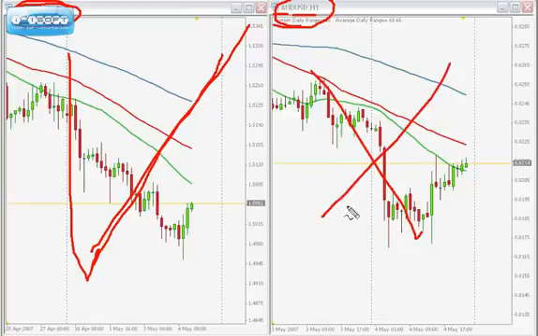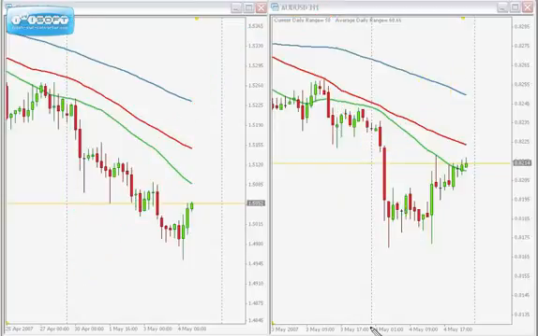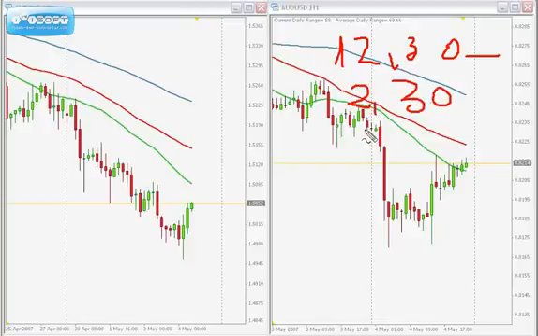It's because it's related to the American dollar, and there are two economic releases coming out from America at that time. So it was 2:30, which means that from 12:30 I personally don't take any trade. 2:30 is the news, so let's give it 30 more minutes for the dust to settle.